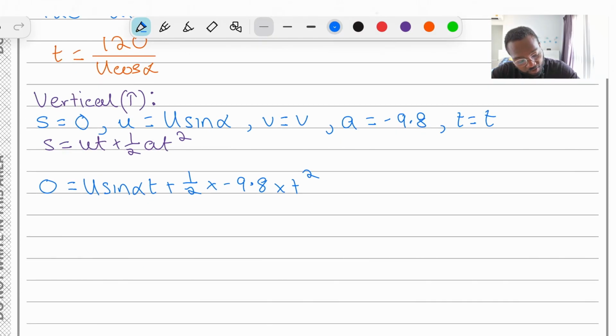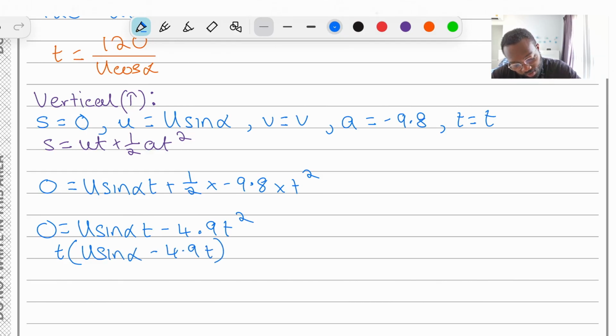And then that would give me U sine alpha t minus 4.9 t squared, and that is equal to 0. If we were to factorize now, we'd get a t, then in brackets U sine alpha minus 4.9 t, and that is equal to 0.